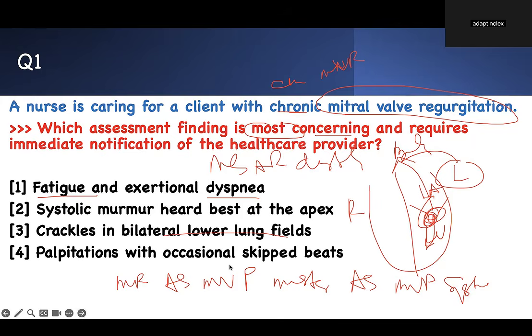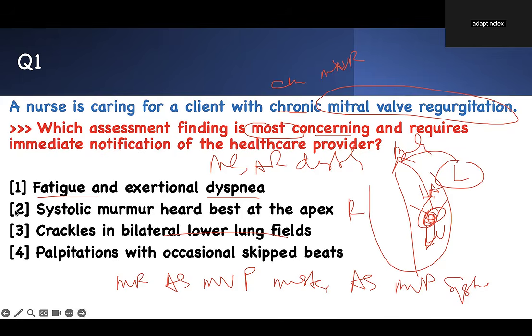Therefore, which finding should the nurse report to the healthcare provider? Lung symptoms, pulmonary congestion. This is worsening. The condition is worsening. Options 1, 2, and 4 are expected. Number 3 is getting worse. We have a worsening situation where the mitral valve regurgitation is leading to heart failure.